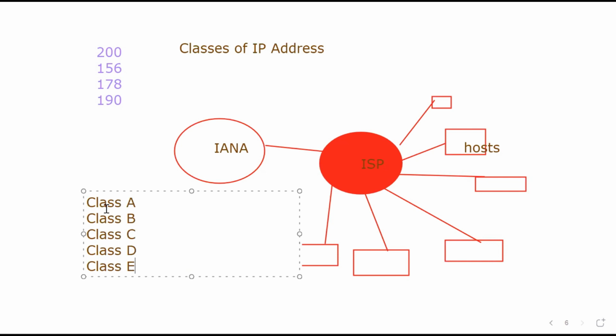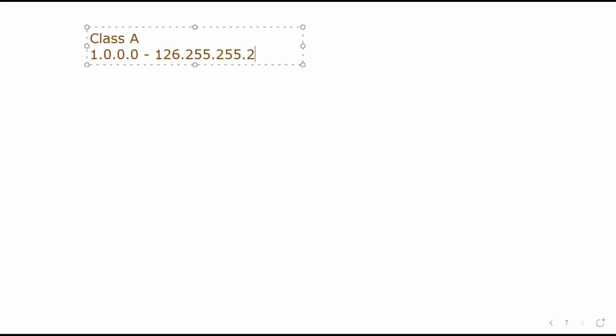Okay. Class A has the IP addresses in the range 1.0.0.0 to 126.255.255.255.